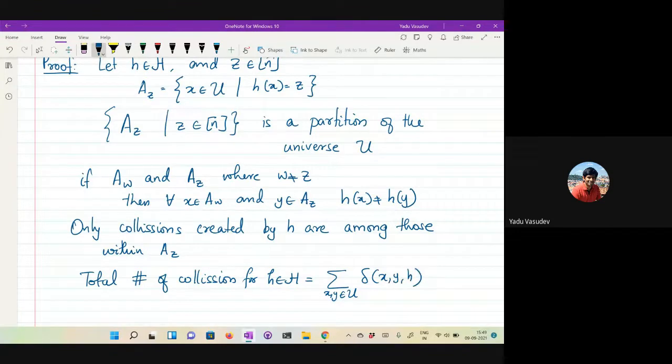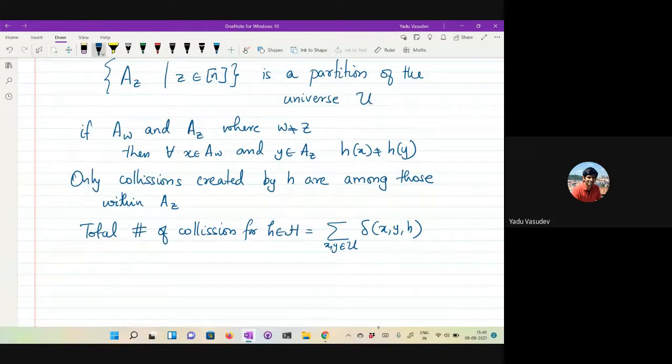So it's what Sarthak is saying. The factor of two is there because we would count certain things twice. This is the summation over all z in n of cardinality of A_z times (cardinality of A_z minus 1).